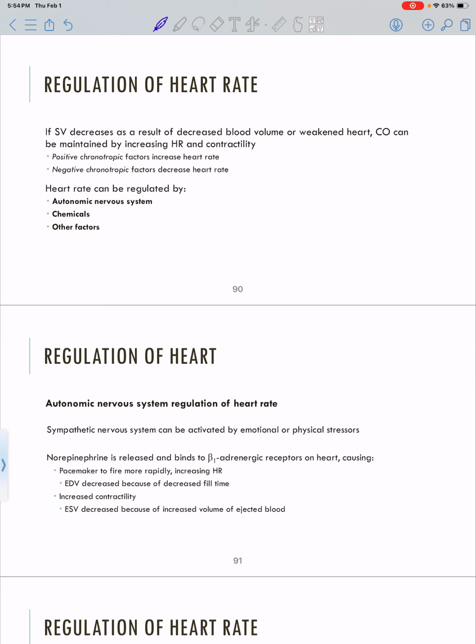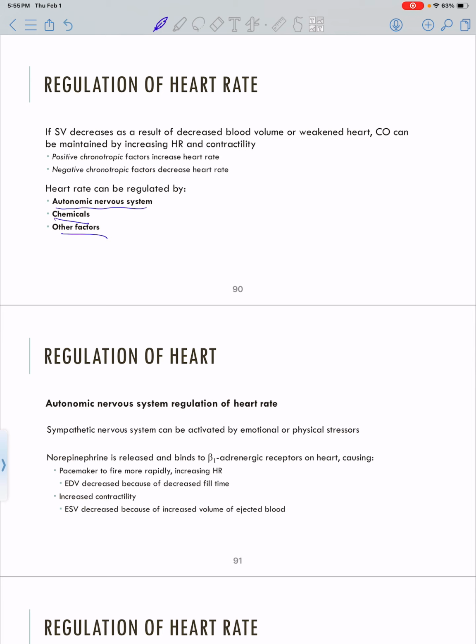Okay, so now we're looking at the other component of cardiac output, and that's your heart rate. So a couple things can regulate or change our heart rate, which will ultimately change our cardiac output. And those are the two divisions of our autonomic nervous system, some chemicals, and some other factors that we're going to talk about.